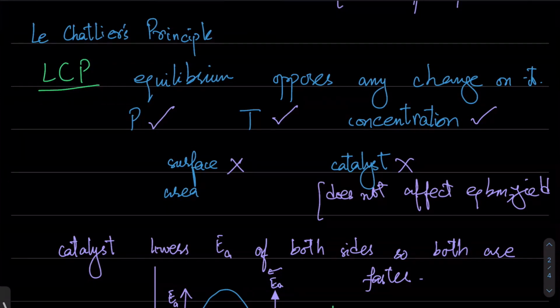Reactions are either exothermic or endothermic. Which of them decreases the temperature? बताएं. Endo or exo? Endo. Endo. शाबाश. So अगर मैं temperature increase करूंगा, इक्विलिब्रियम उसको डिक्रीज करेगा, मतलब एंडो की तरफ जाएगा. मैं टेम्परेचर डिक्रीज करूंगा, वो उसको इंक्रीज करने के लिए एक्सो की तरफ जाएगा.